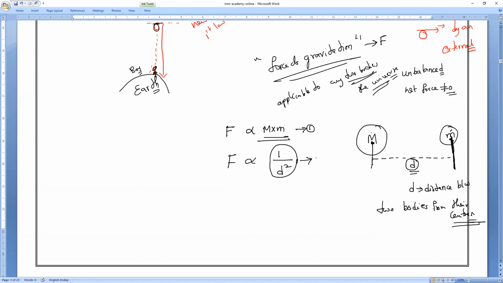That is called the universal law of gravitation, or Newton's law of gravitation. What is D? The distance between the two bodies from their centers.